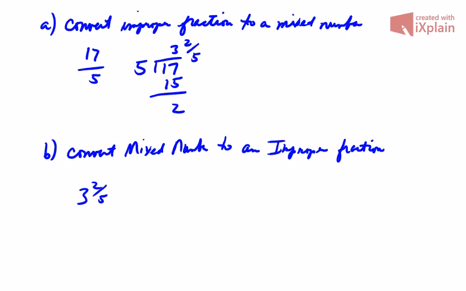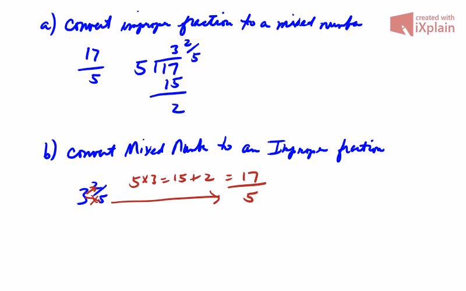All you have to do is take the denominator 5 and multiply it times the whole number. So 5 times 3 is equal to 15 plus the numerator of 2 equals 17 over the like denominator of 5. 17 over 5 is how you convert the mixed number 3 2/5 to the improper fraction 17 over 5.